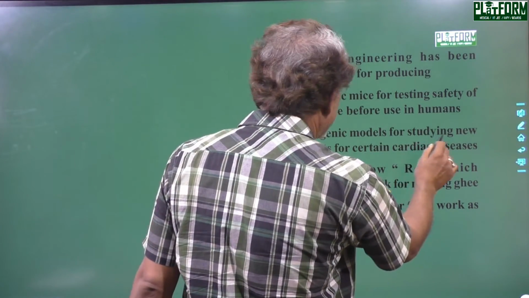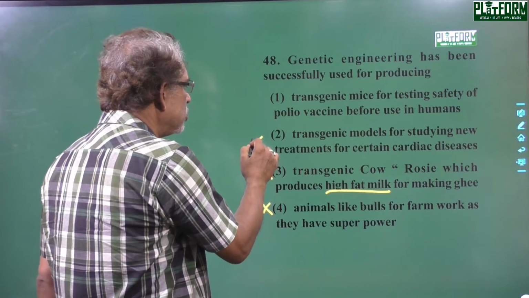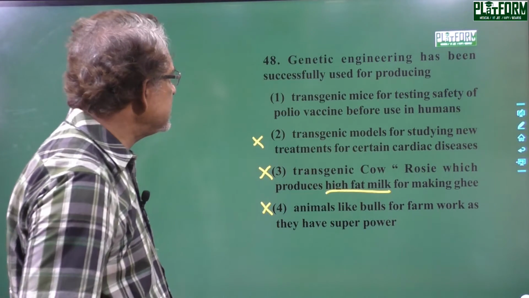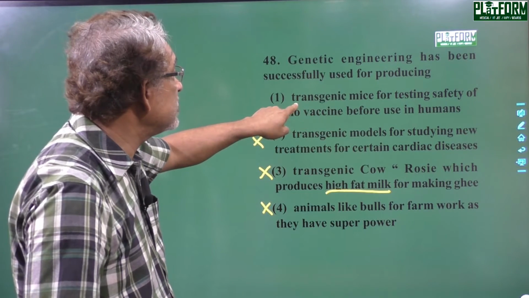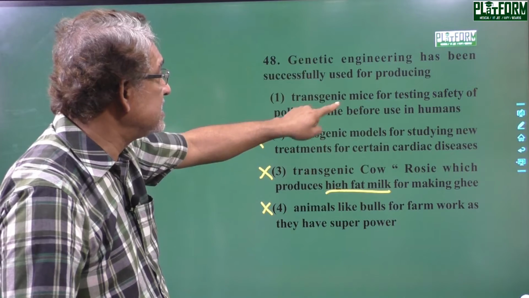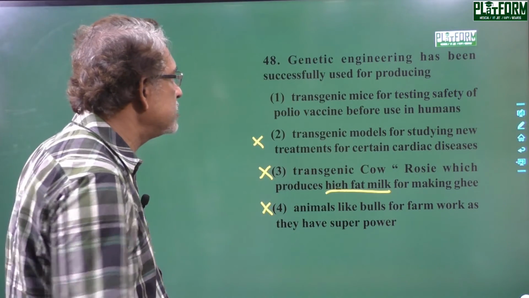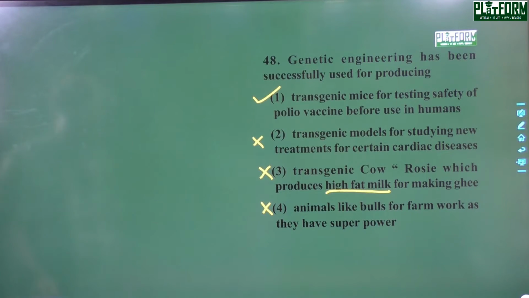Transgenic model for studying new treatment for certain cardiac disease, not related to this. Here genetic engineering has been successfully used for producing transgenic mice for testing safety of polio vaccine before use in humans. So your correct answer is 1.